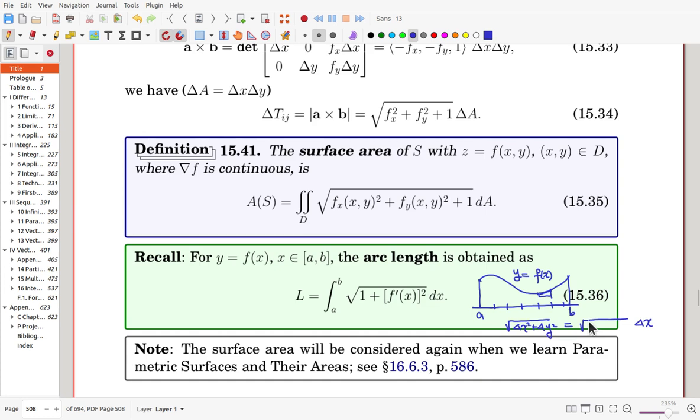Then there's the square root of 1 plus delta y over delta x, squared. In its limit form, it becomes the square root of 1 plus the derivative of f squared, dx, right? So you got such a formula in Calculus 2. So that is a simple expansion. We have one more term here, right? So you can easily memorize and use it.